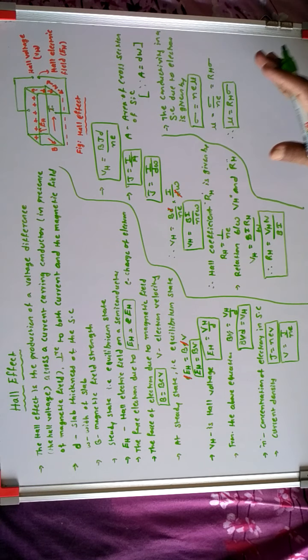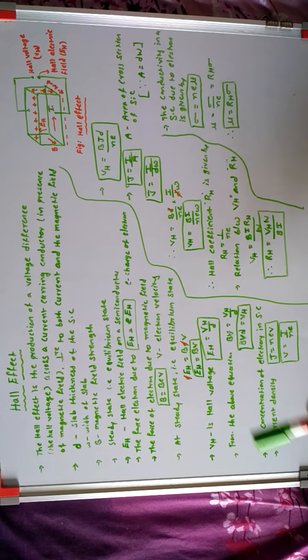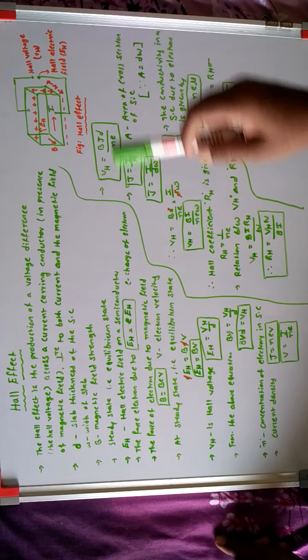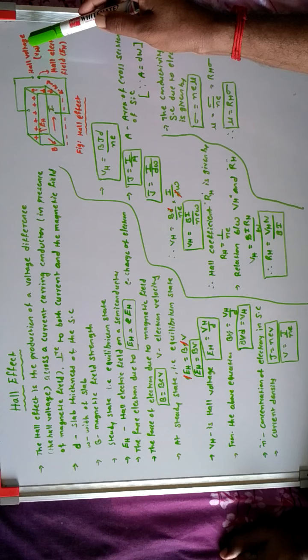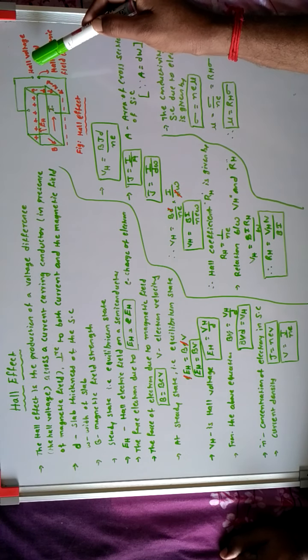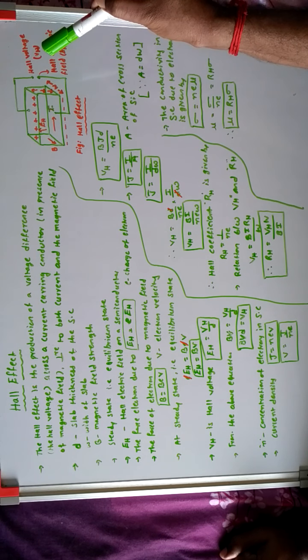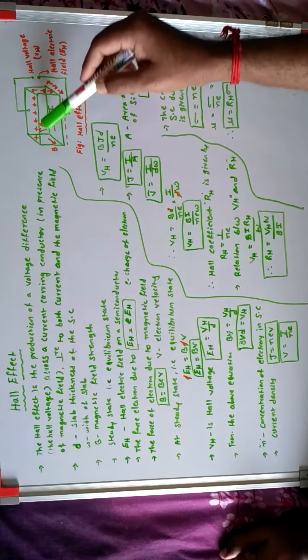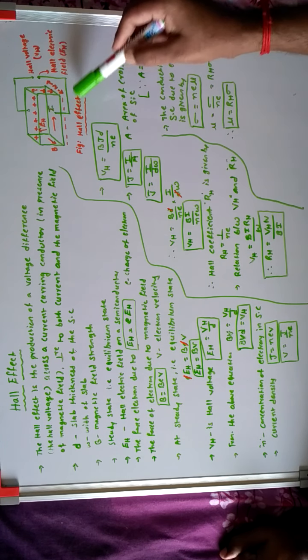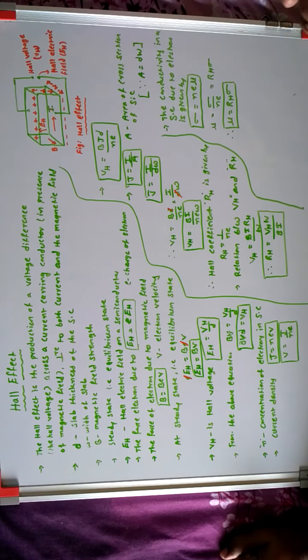This is the Hall effect concept. Once again, I will explain the Hall effect. What is meant by the Hall effect? The Hall effect is the production of Hall voltage: the production of a voltage difference across a current carrying conductor in the presence of a magnetic field, perpendicular to the magnetic field.